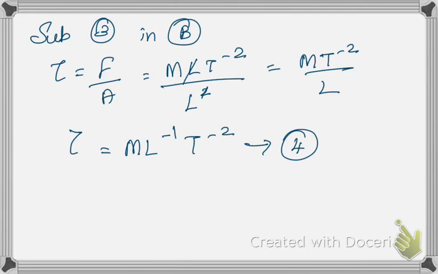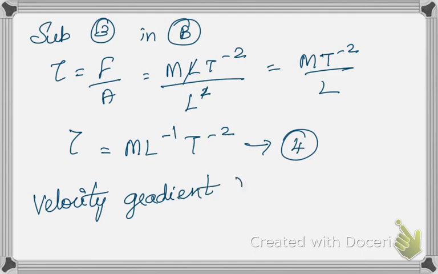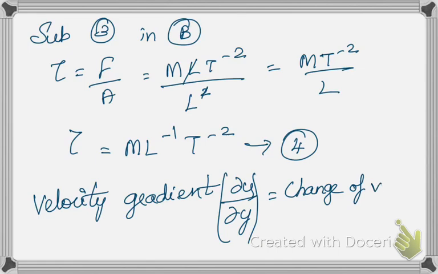Now I have to get it for my velocity gradient. So what is this velocity gradient? Which is dou u by dou y. So what is this actually? This is nothing but change of velocity by change of distance.